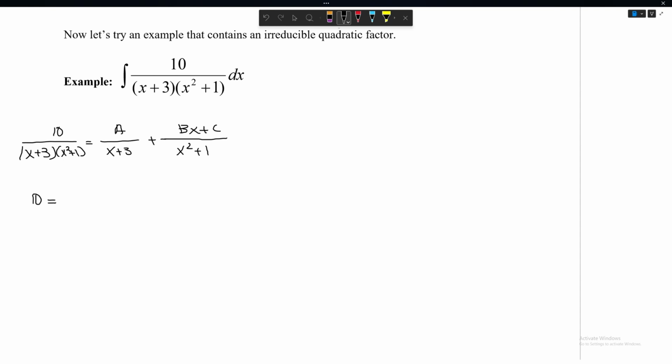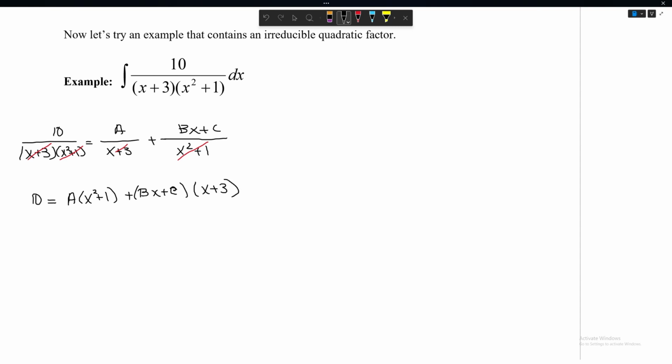All right, so now cross multiplying, I'll get 10. When I cross multiply, this will cancel out with this, and I'll get my x squared plus 1. And now when I cross multiply here, this will cancel out with this, and I'll get my x plus 3. So I'll get bx plus c times my x plus 3.